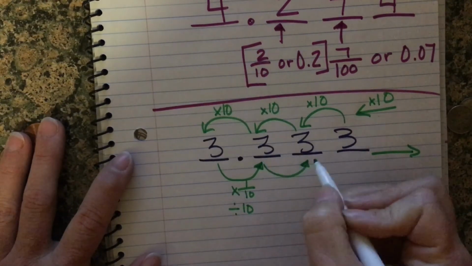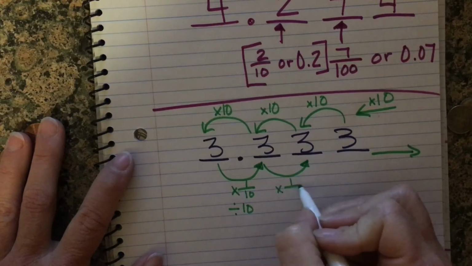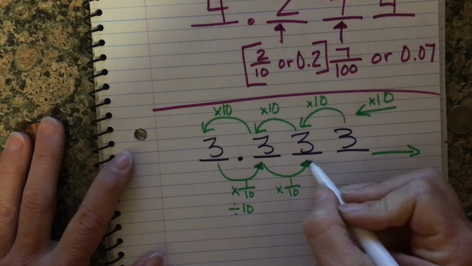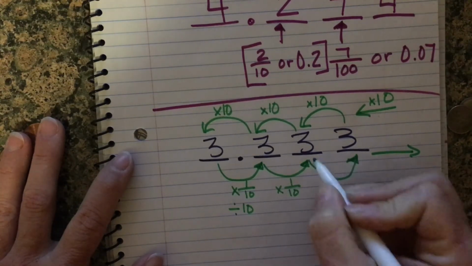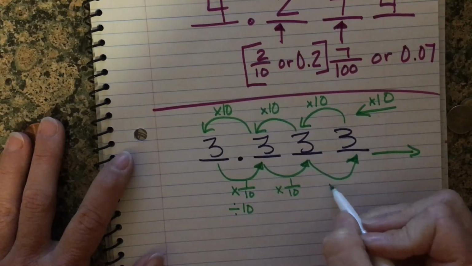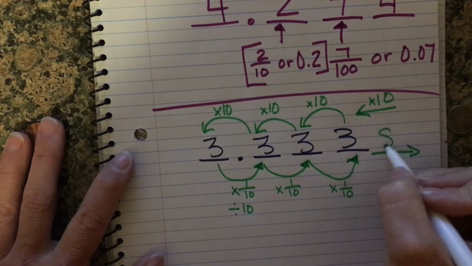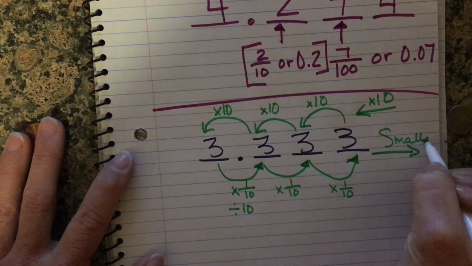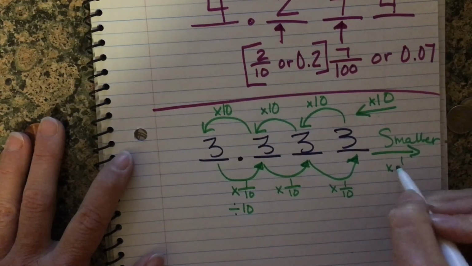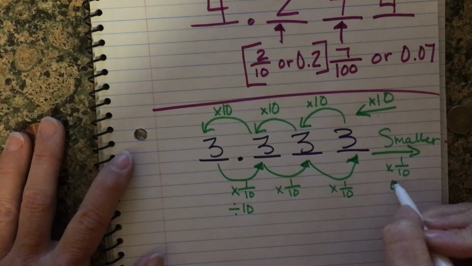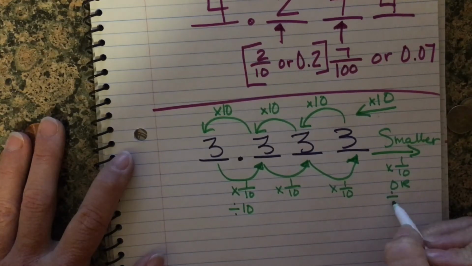If I move from tenths to hundredths, I'm 1/10 the size or 10 times smaller. If I move from hundredths to thousandths, I'm 1/10 smaller. So when you're moving to the right, you're getting smaller. You're wanting to do times 1/10 or divide by 10.